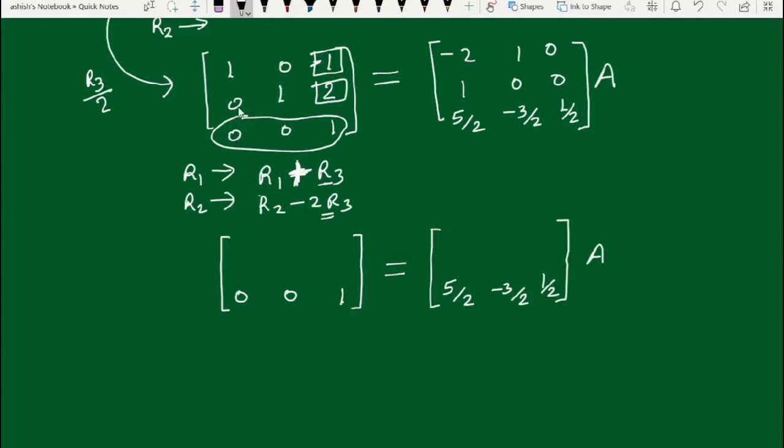R1 plus R3: 0 plus 1 is 1, 0 plus 0 is 0, 1 and minus 1 is 0.